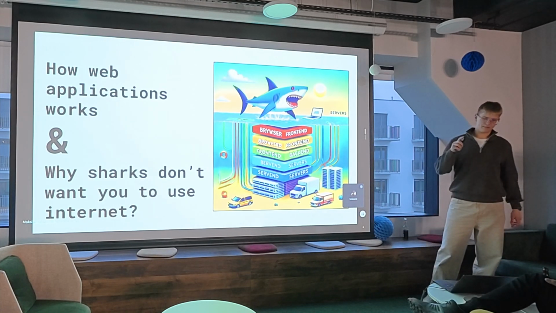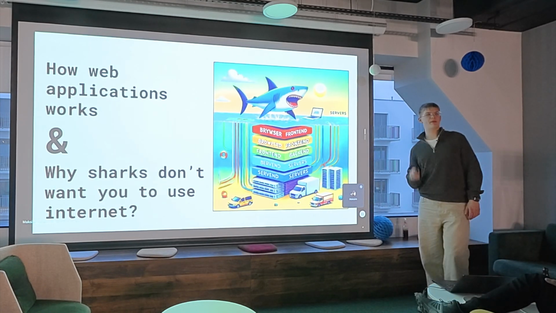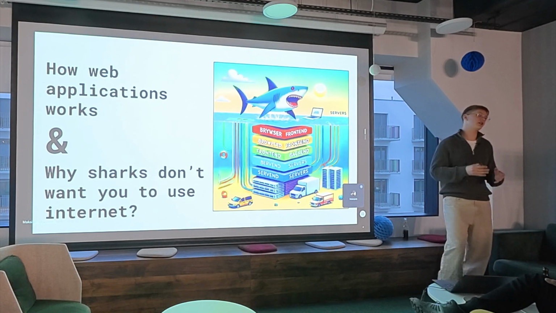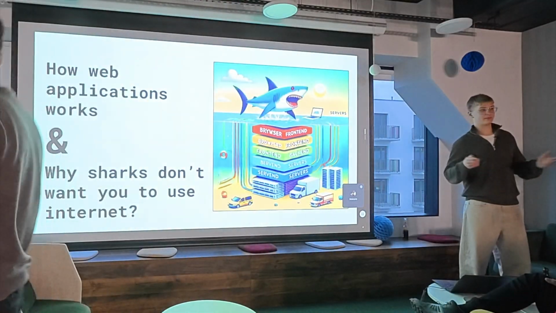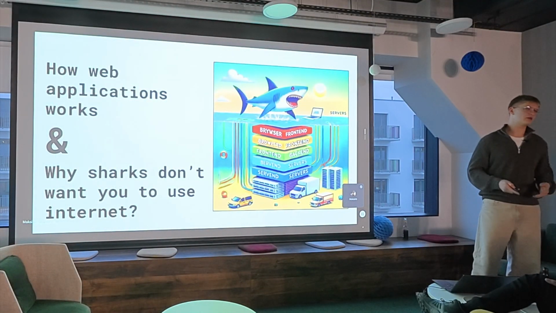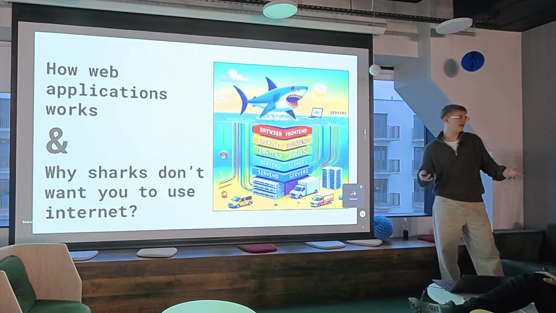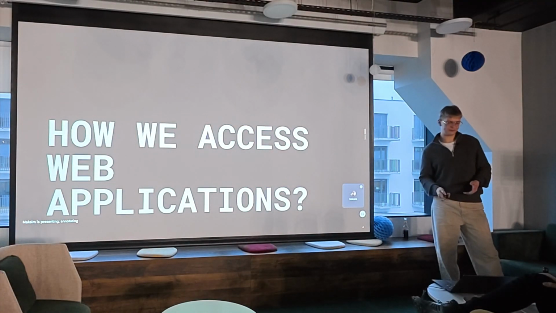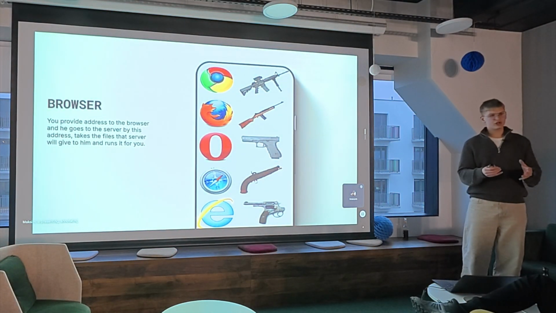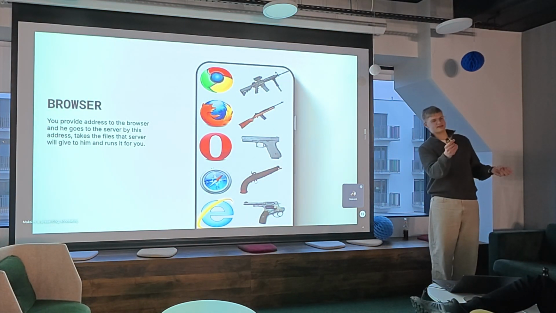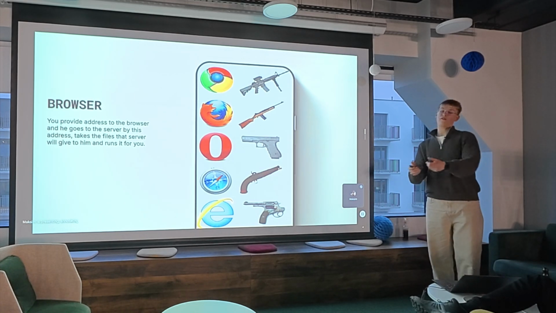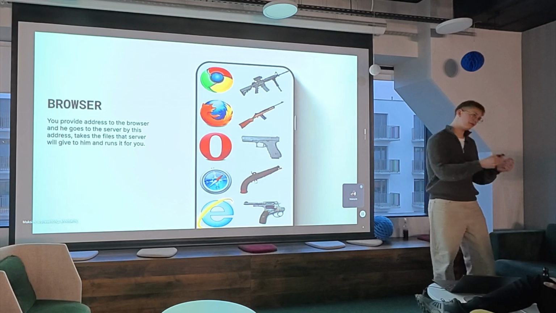But first of all, how do we access web applications, for example, OANDA.com? We use browsers. So the browser is our gateway to web applications, right? The browser is an application where you provide an address, OANDA.com, and it goes to the server, takes your files, and runs them for you.